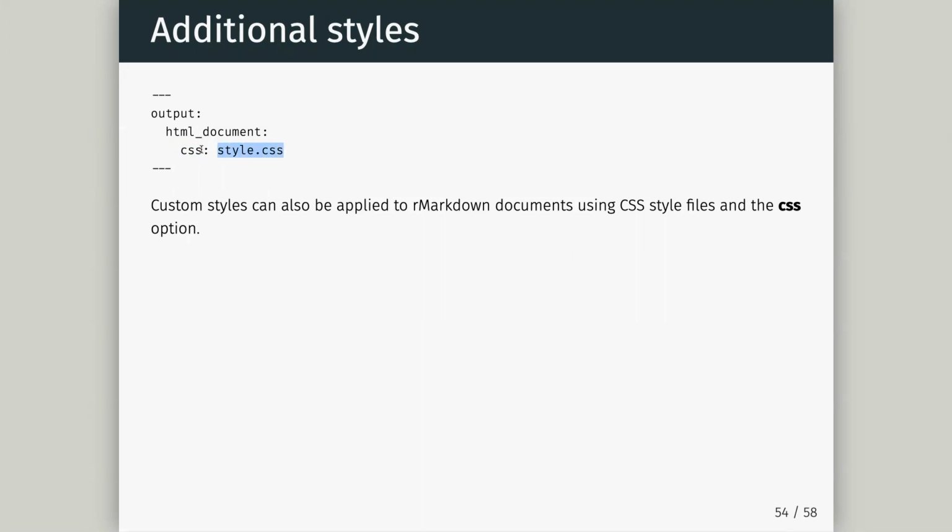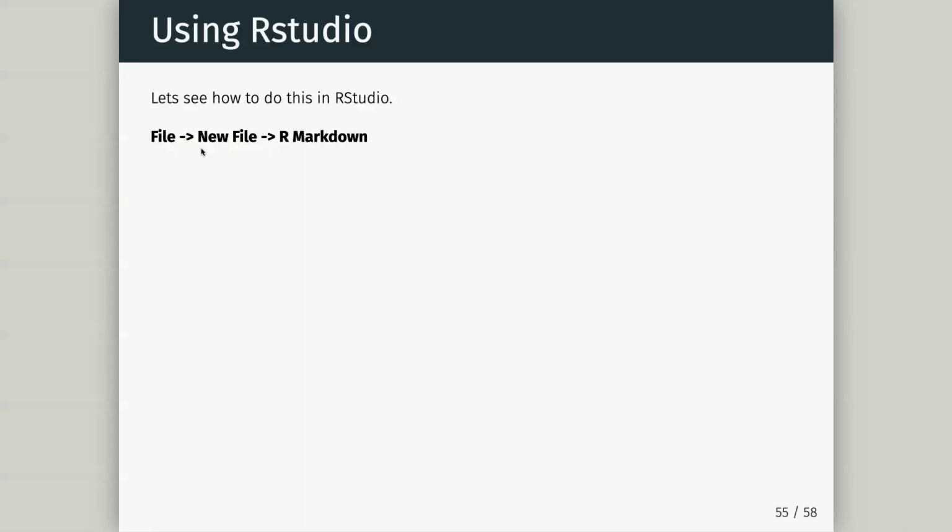Again, if you don't know HTML and you don't know cascading style sheets, this isn't particularly useful to you. But if you do and you like HTML, you can have that level of control over these R Markdown documents. It's a little beyond our scope to go into CSS.